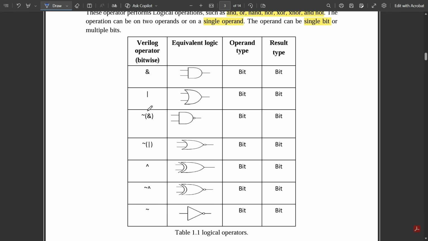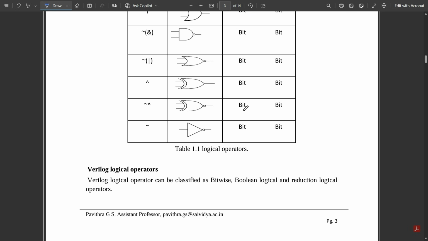So that's why the negation symbol with AND would give you a NAND gate. The negation symbol with the OR symbol would give you a NOR gate. Then this up-arrow (caret) symbol represents the XOR gate. Negation and the caret symbol represents the XNOR gate, and only the negation symbol represents a NOT gate. Okay, so these things are clear under Verilog operators.